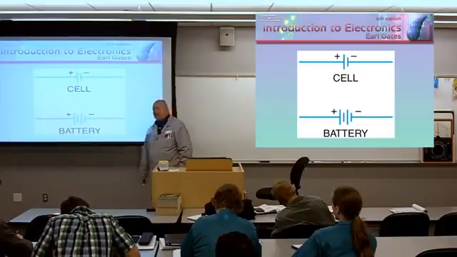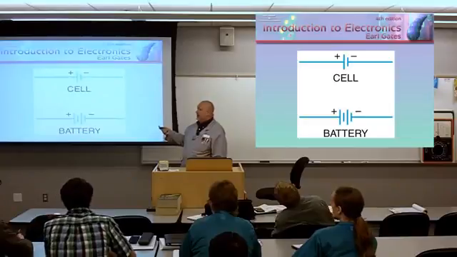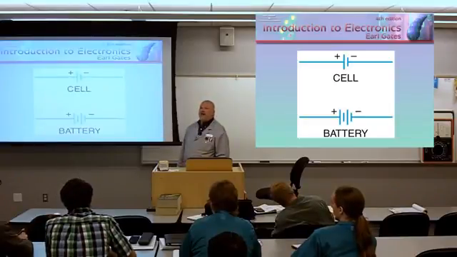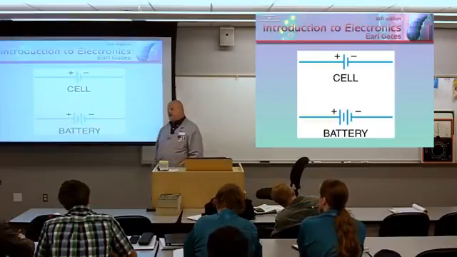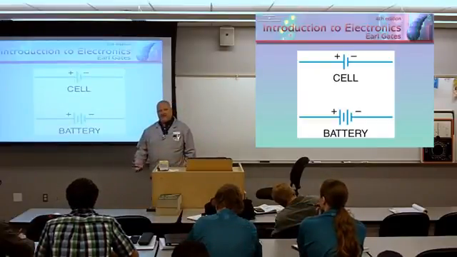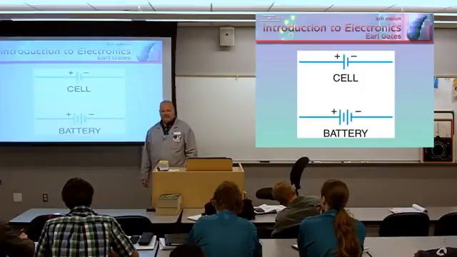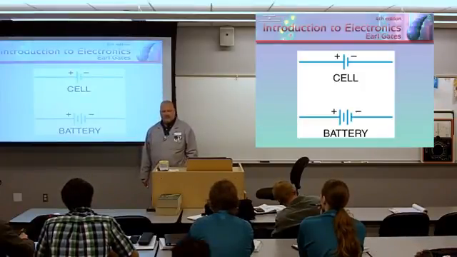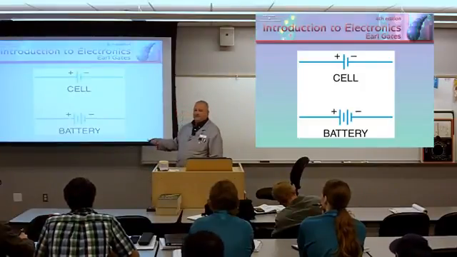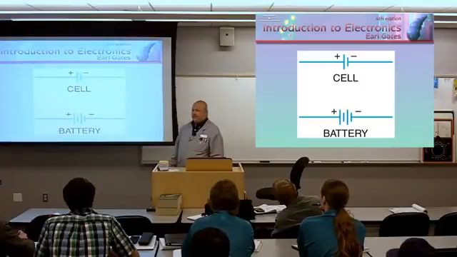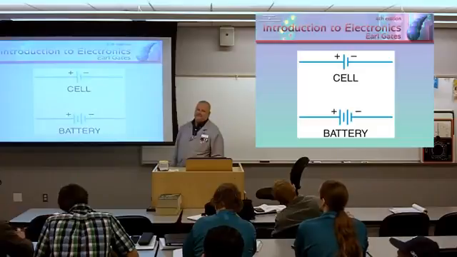The other assumption that you could make on a schematic diagram is when you see this, assume 1.5 volts. Because most cells, AAA, AA, C, and D, all produce 1.5 volts DC. So if we saw this, what can we assume? 1.5 plus 1.5 is 3.